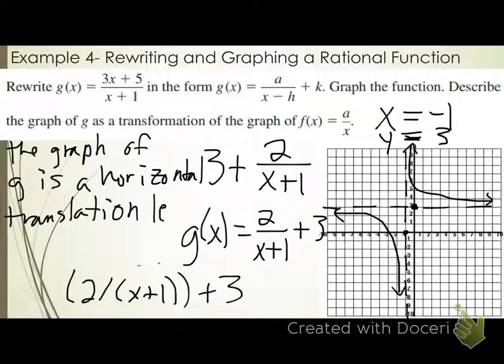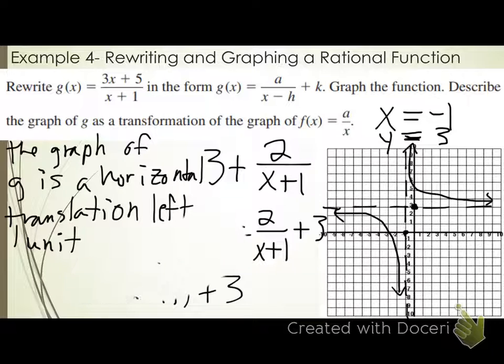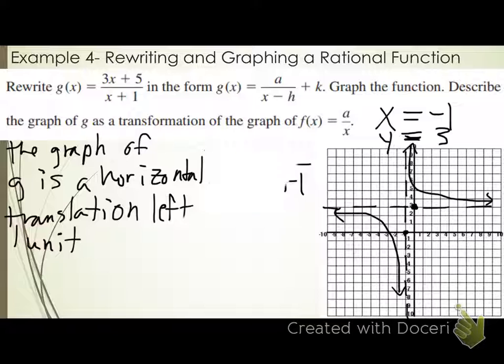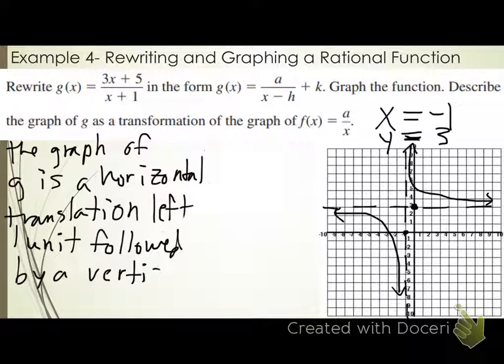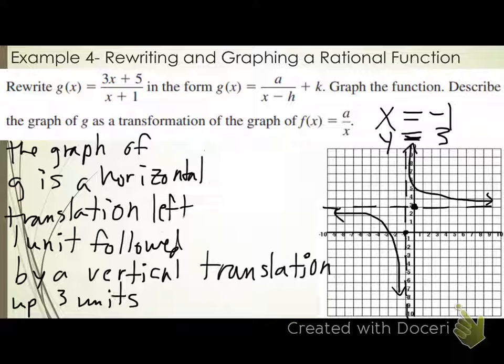So horizontal translation, left 1 unit, followed by a vertical translation, how many units in which direction? 3 units up, of the graph of f.